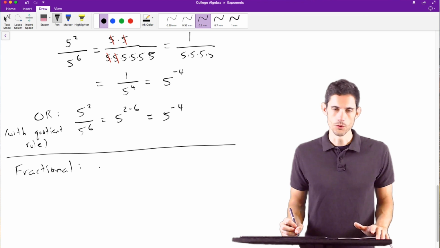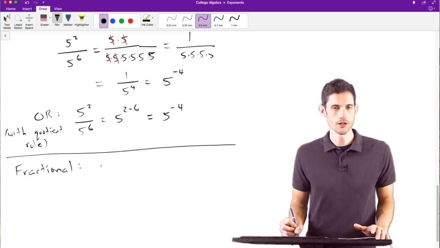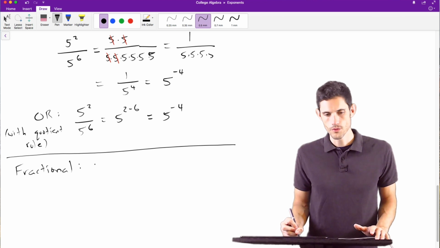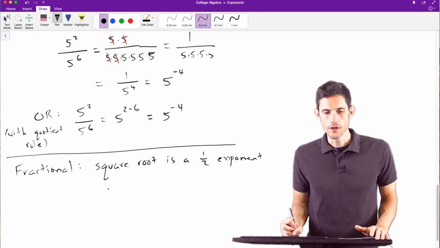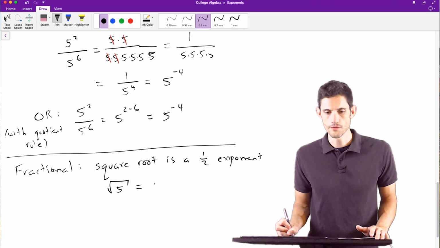But there's also a cube root, which is a 1/3, and a fourth root, which is a 1/4, and a fifth root, which is a 1/5. So a square root is a 1/2 exponent. If I write the square root of 5, that is the same thing as 5 to the power 1/2.